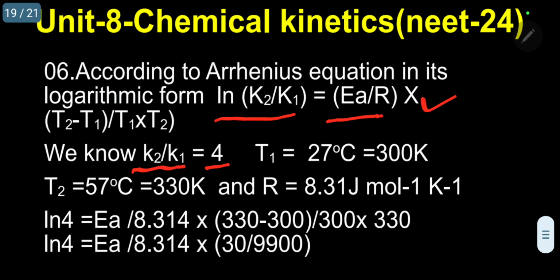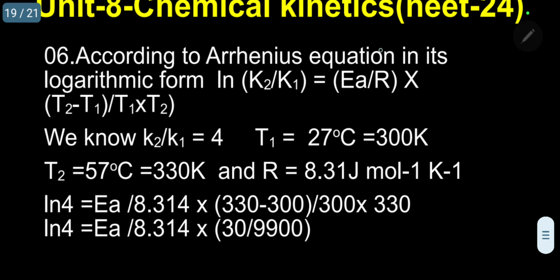The value is given. The T1 temperature 27 degree is equivalent to 300 Kelvin; you have to add 273 plus 27, 300. Same way T2, 273 plus 57, 330 Kelvin. R value is given already, 8.314 joule per Kelvin per mole. So let me substitute in the equation: ln K2 by K1, so ln 4.